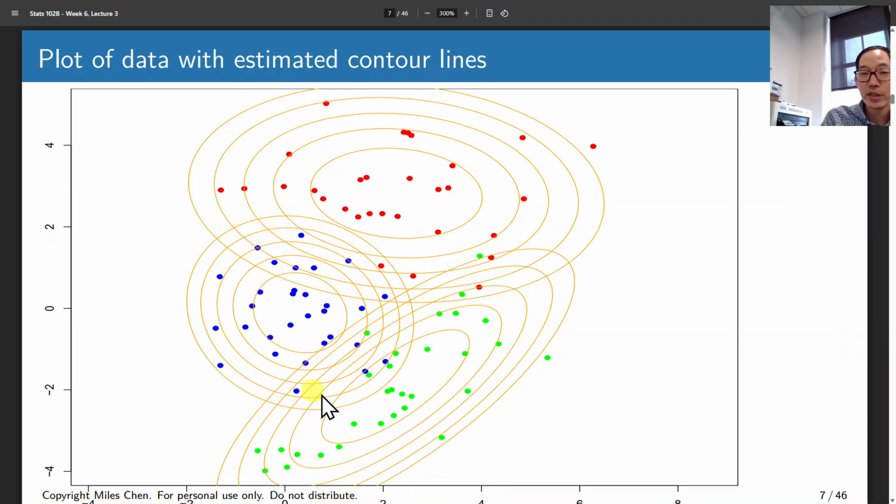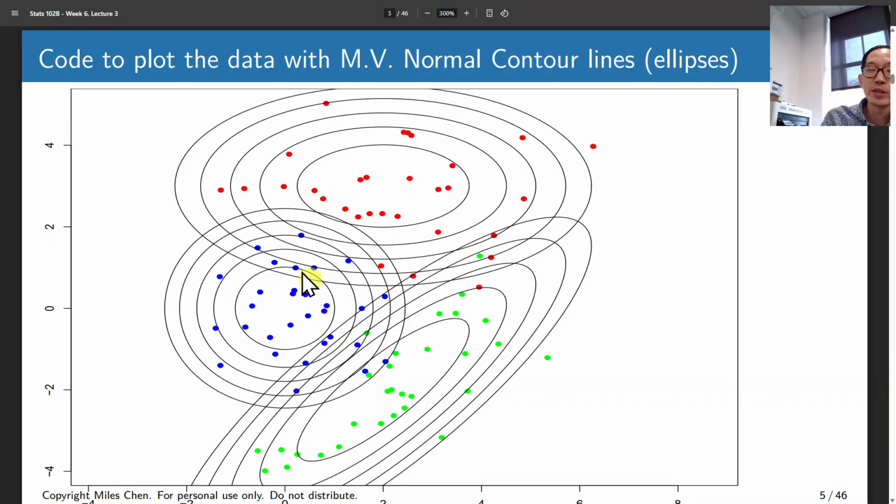Especially if you look at the blue dots, you could see these ellipses are centered at the blue dots directly, and there's just a tiny bit of negative covariance here, compared to the distribution used to generate our blue dots.